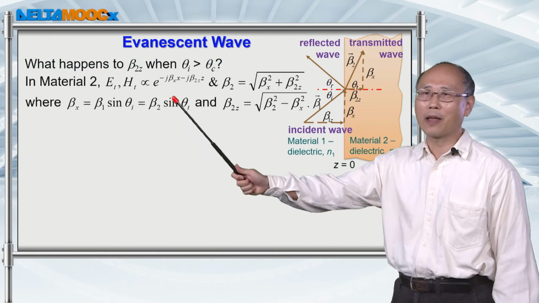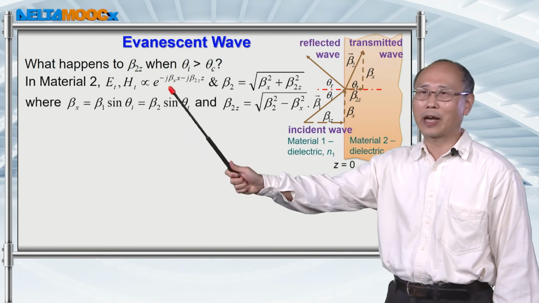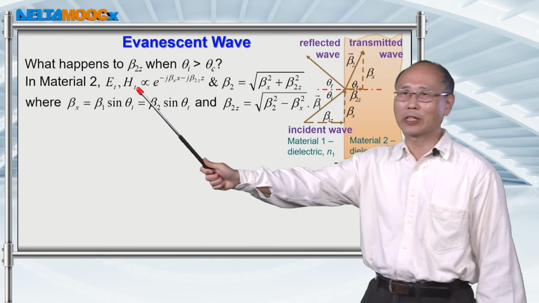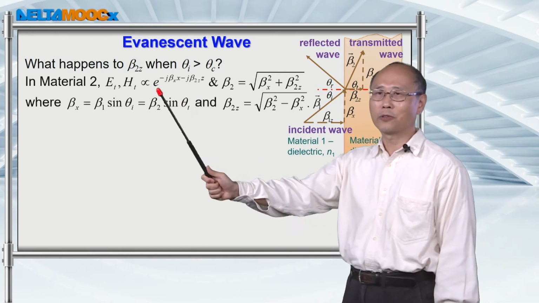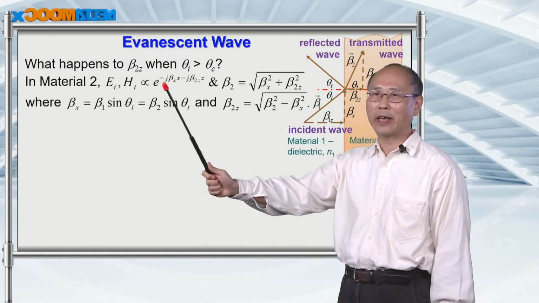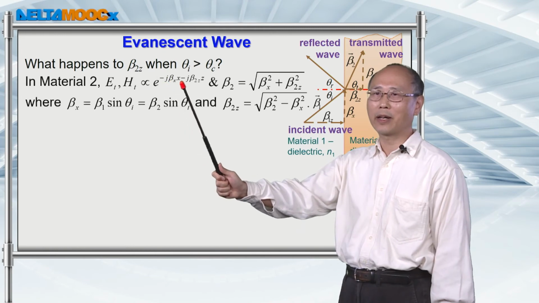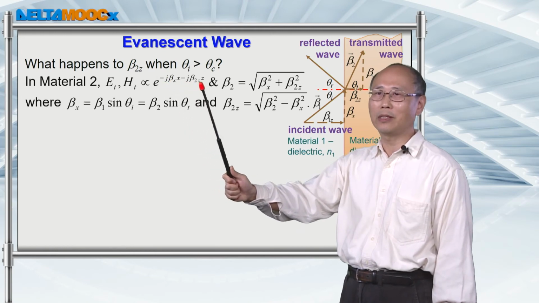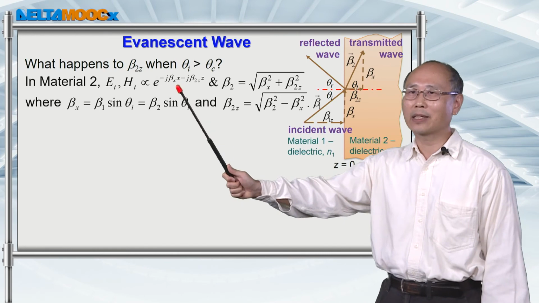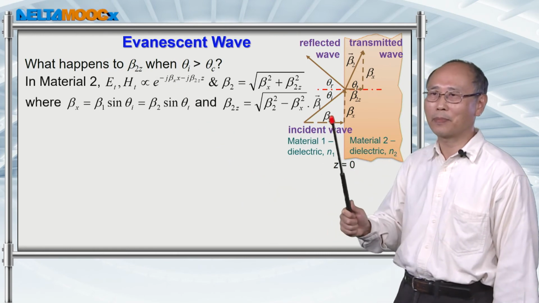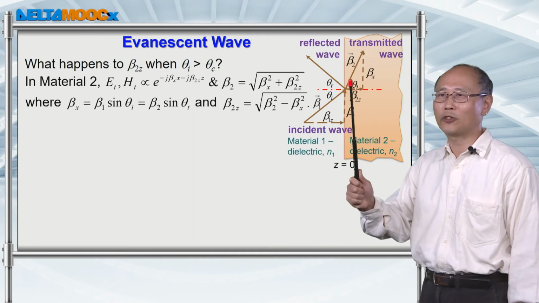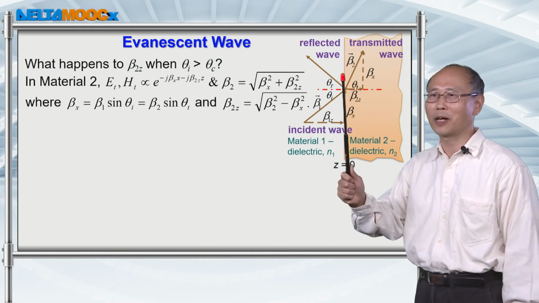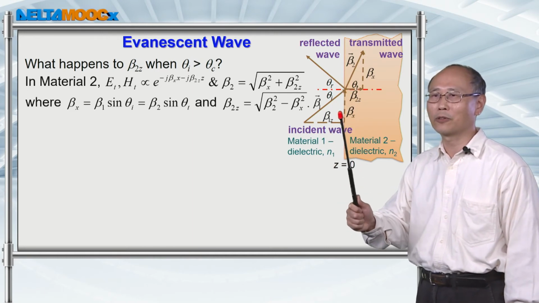First, let's write down the field expression, the complex exponential form of the field expression in the second material. And it is written as exponential minus j beta x x minus j beta 2z z. And this beta x is the propagation constant along x direction, which is the projection of beta 2 onto this boundary, or beta 1 onto this boundary.